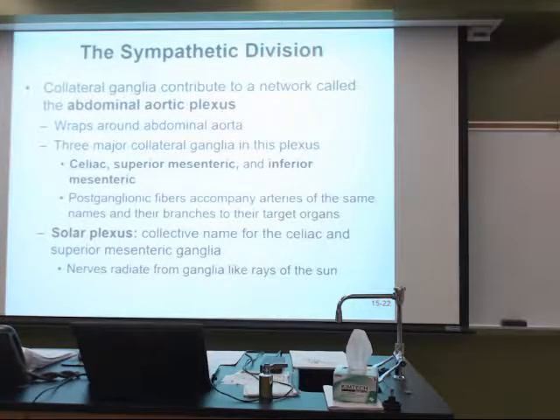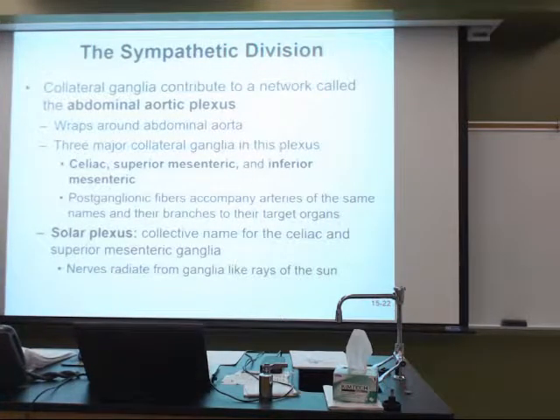Now, if you trace those red fibers, do you kind of see how maybe the celiac goes to certain organs, inferior, superior goes to certain organs? Now, the network that's getting created by these 3 ganglia, we call it the abdominal.